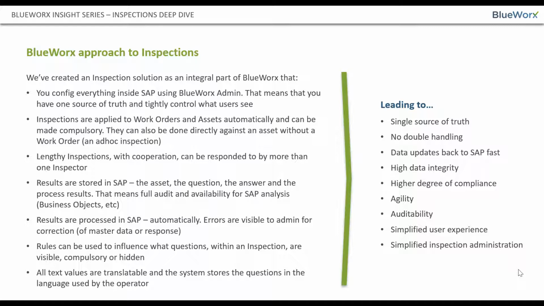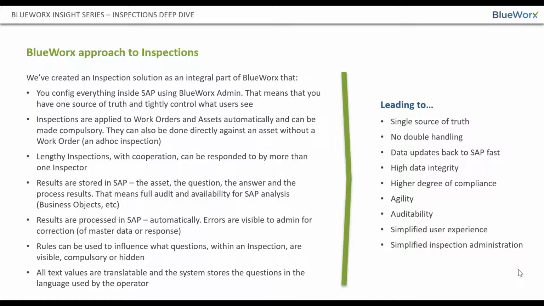The results are processed in SAP automatically, and that means that your data currency from inspection results is as good as you can expect, and that any errors in processing are also visible to administrators. So if you ask a question and offer some results that don't marry up with whatever you've set up, for example, for classification data, then the administrators can go and see those and respond to them and correct them.